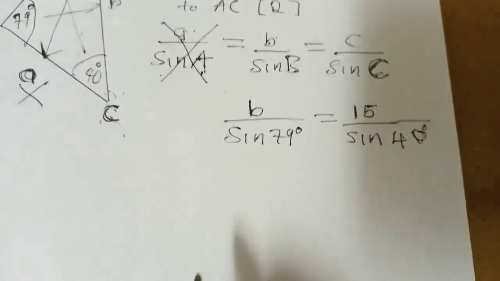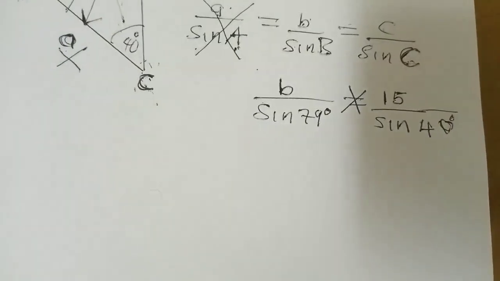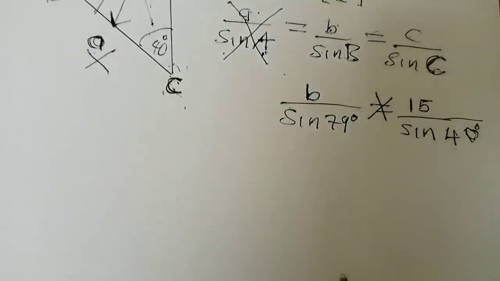These ones are fractions. Now you can cross multiply to find the value of b.